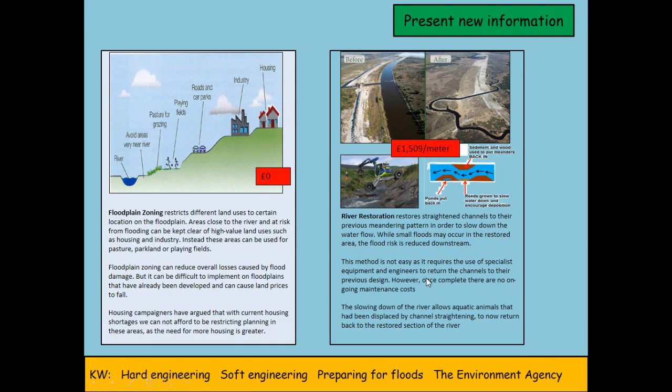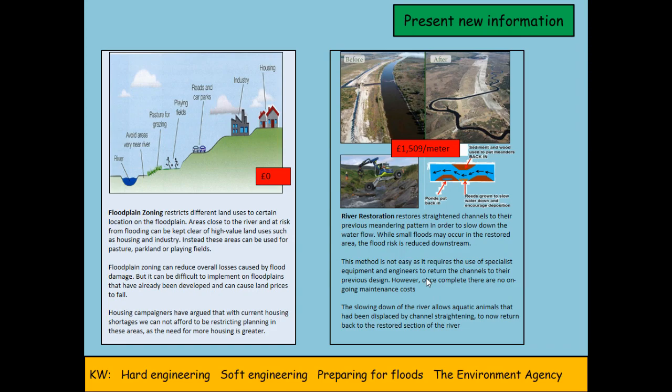And finally, we have got here river restoration. Now, river restoration is about allowing those rivers to start to meander again. So they need to almost rip up what they had done.